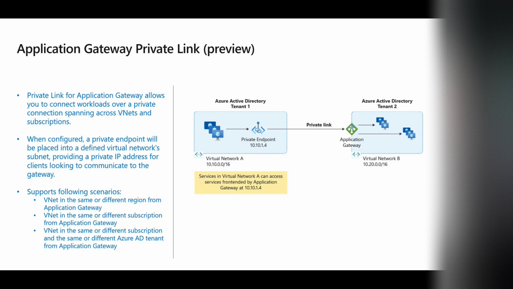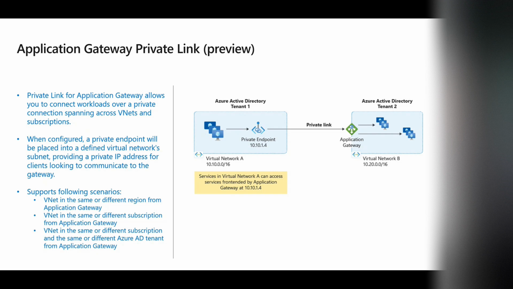So basically, what you can do is they can create a private endpoint to the application gateway. So now they are accessing your service over a private endpoint through the application gateway. All of the stuff still applies.